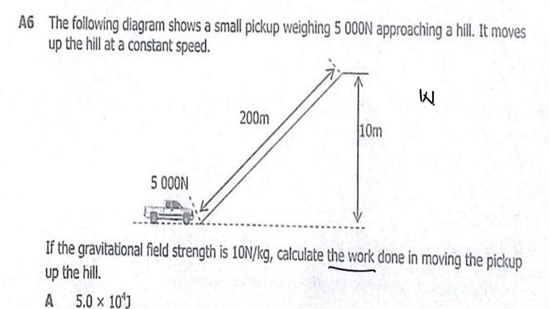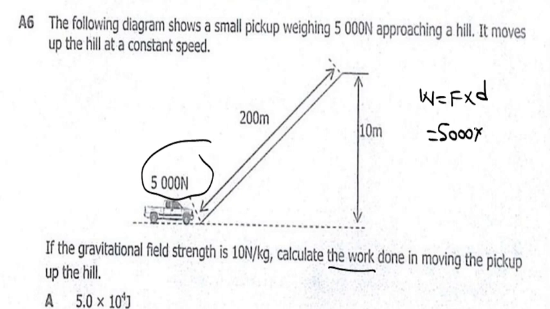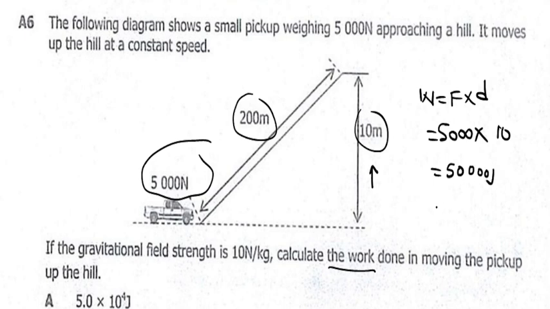Now, work done, remember, is given by force times distance. The force, we have this one, which is 5,000 newtons. Then the distance, we've got two distances, this and this. But in this case, always go by the vertical distance, which is 10. So 5,000 times 10 gives you 50,000 joules.